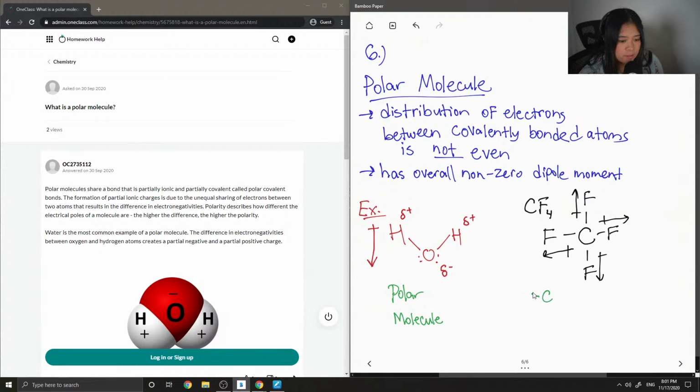So I'm just going to write out that the CF bond is polar since fluorine is more electronegative. However, the CF4 molecule is nonpolar.